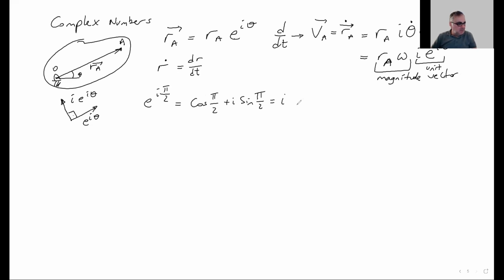So e to the I pi over 2 is I. So we can say e to the I pi over 2 times e to the I theta. As we know, this is I, okay?